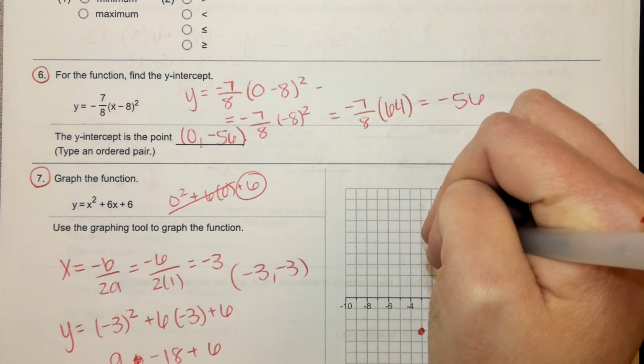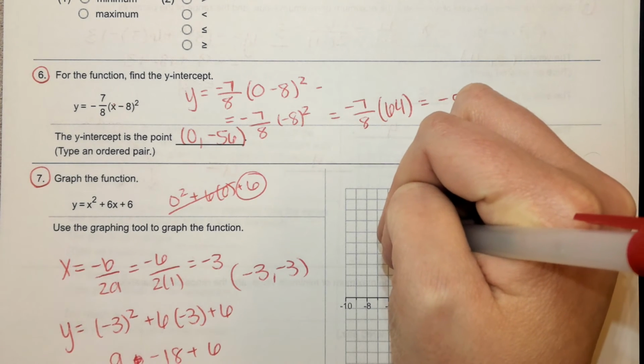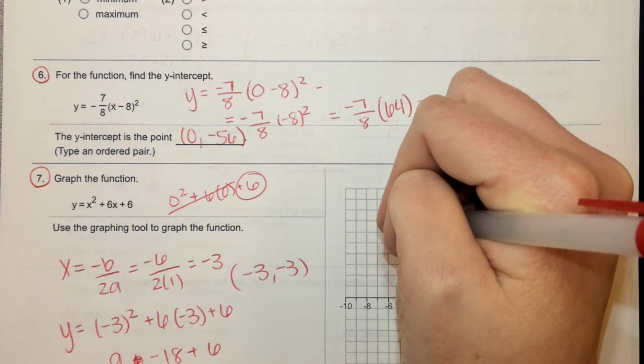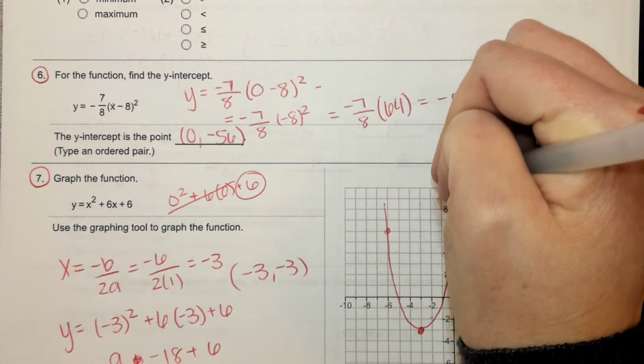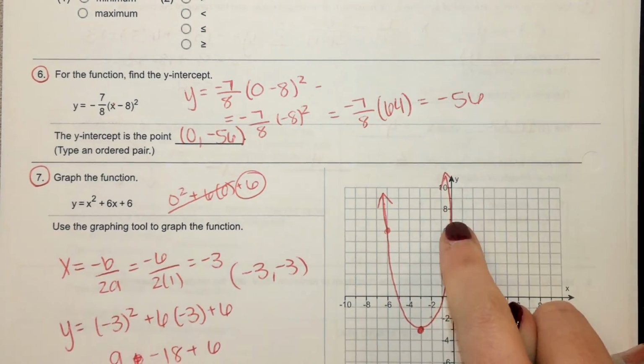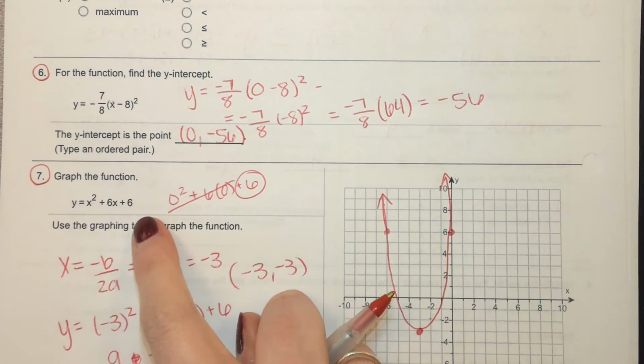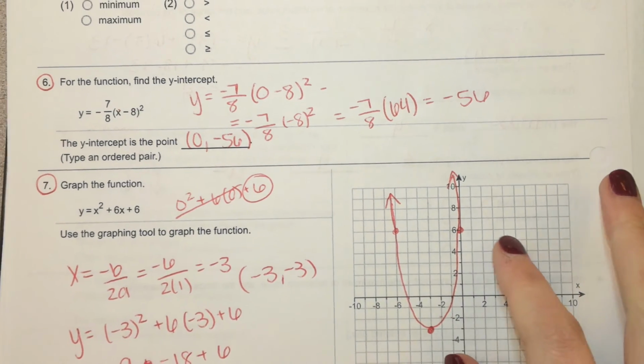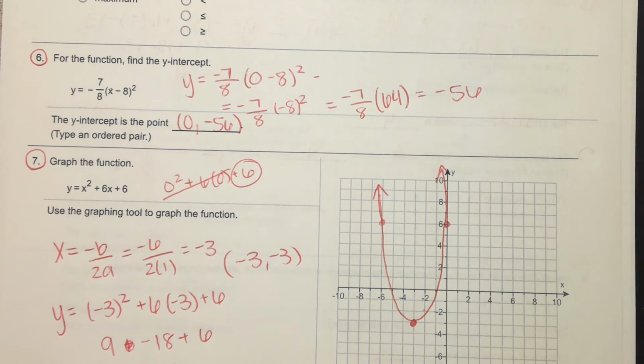And we can mirror it on the other side. Make your nice U shape. Now on Math Excel, you only have to have that second point. That y-intercept is going to be super easy. But you just need that second point, and you can make your nice parabola.